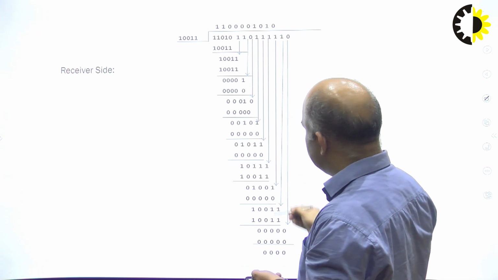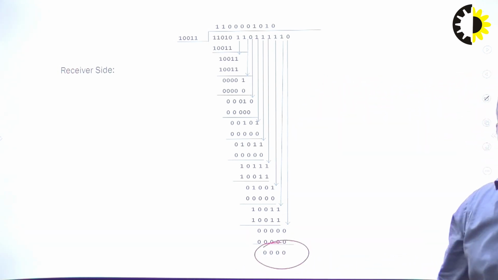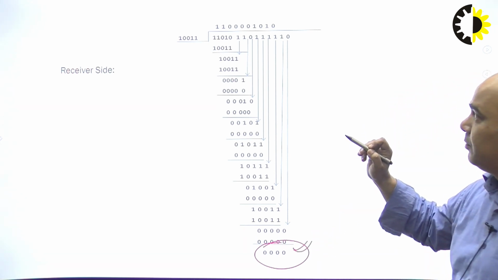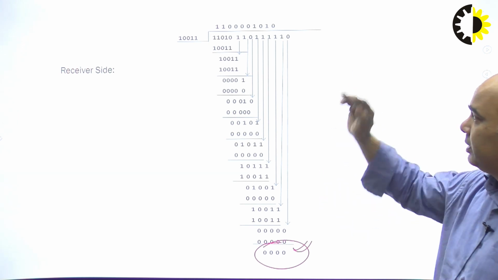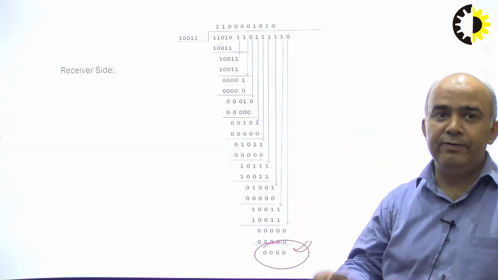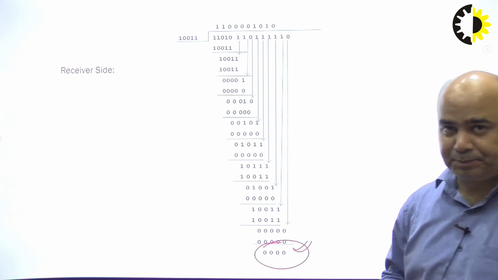Again, we perform the same functions and we get all zeros. So, we say yes, the data transmitted from sender to receiver over the transmission media does not contain any error. We haven't received any error in this.